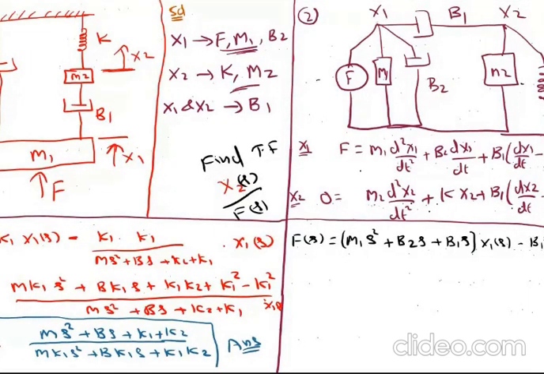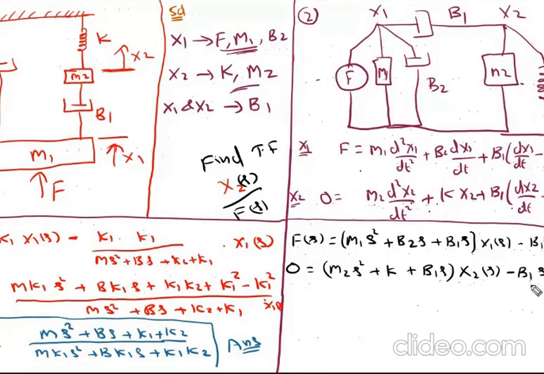This is equation 3. And then 0 is equal to (m2 s square plus k plus b1 s) into x2 of s minus b1 into s into x1 of s.